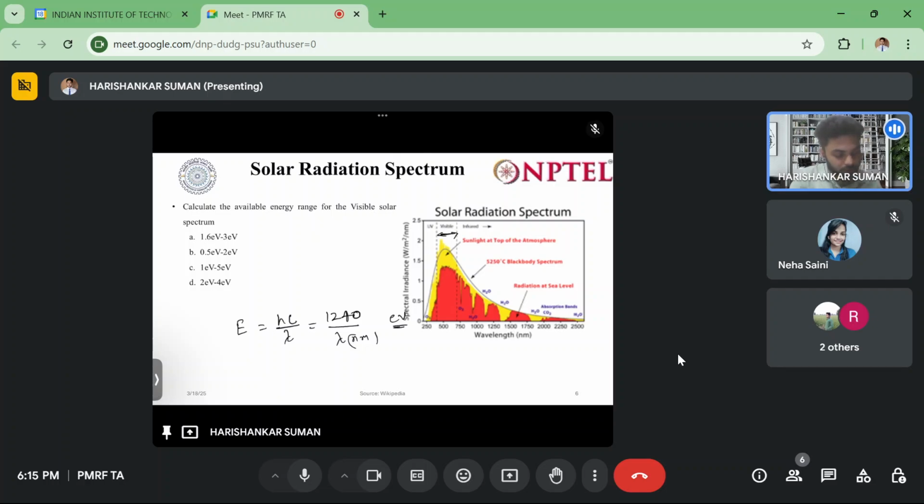So please use this relation and put, let's say, 400 nanometer, which lies in the visible range, and the other 700. Please put these values and see the option you can find. According to the wavelength of the visible spectrum, by this relation, the energy is 1.6 to 3 electron volt.